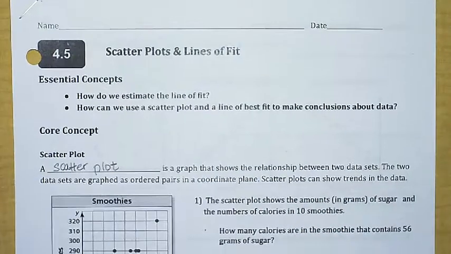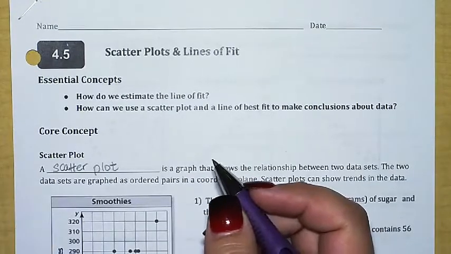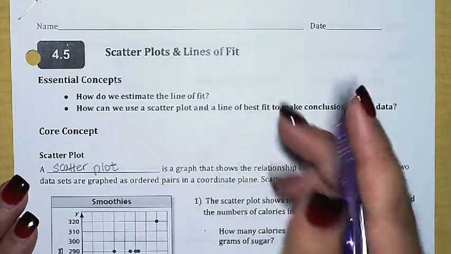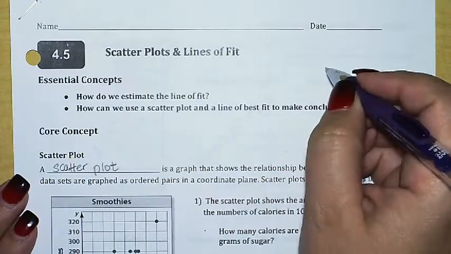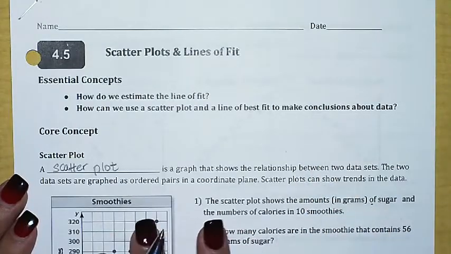Oftentimes the big difference here is that instead of us starting with an equation like we have over the last couple of weeks, where we have an equation and then if we needed to we could create a table of input output values and graph them, and every one of those points was along that line, this is more like real life data.